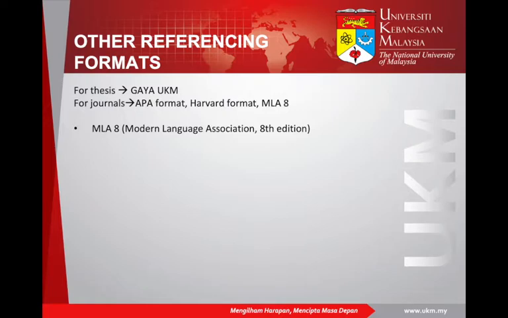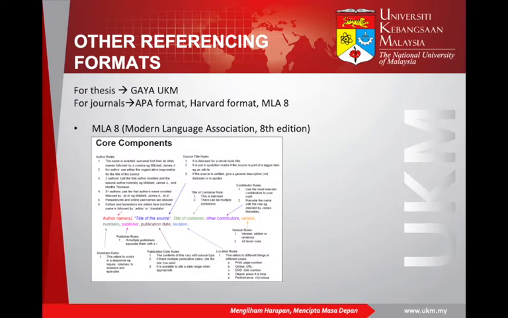Okay. For MLA 8, or Modern Language Association 8th edition, it's a bit small, you might not be able to see it, but you can see the author's name. I think there's a full stop there, and then you have the title of source. I think this is for books. So the source title should be italicized for the whole book title, and you have to put quotation marks. Previously for Harvard, you put single quotation marks.